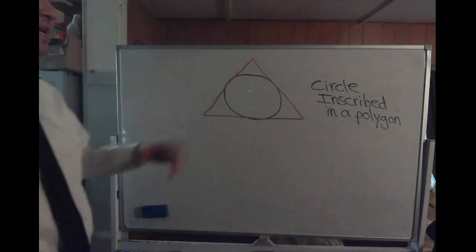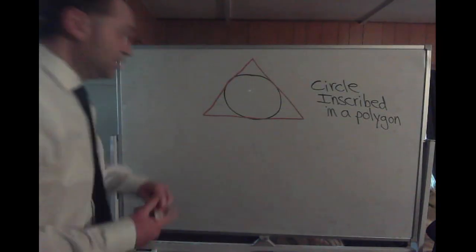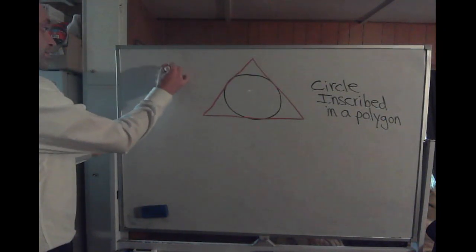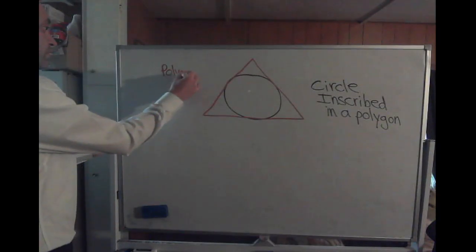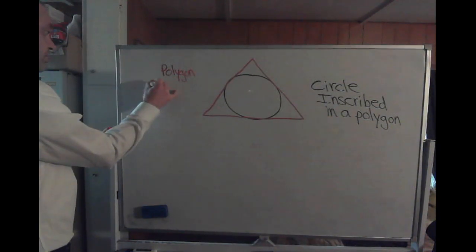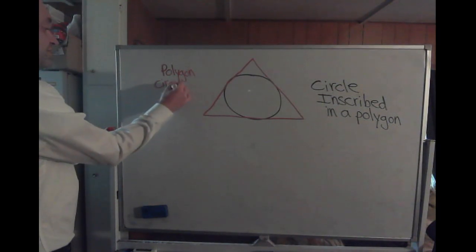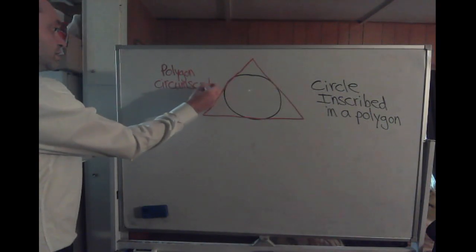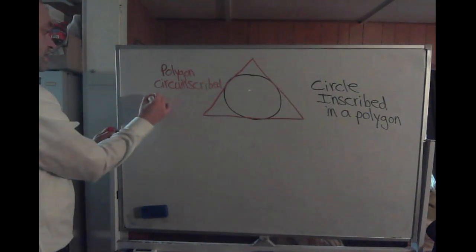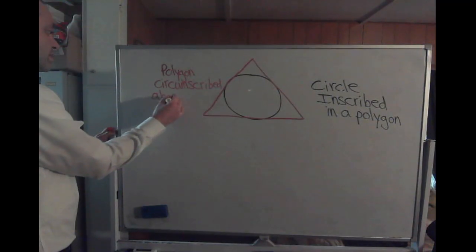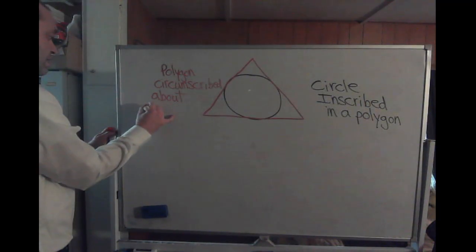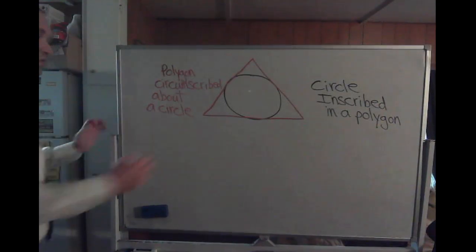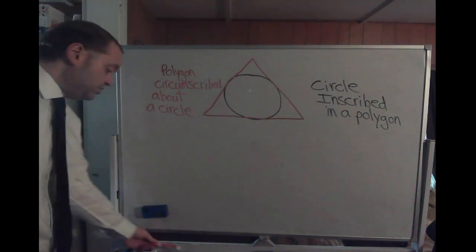You can have that. And then that red triangle you can say is a polygon circumscribed, because think of circum means around, so it goes around the circle, circumscribed about a circle. So you can actually see that too.